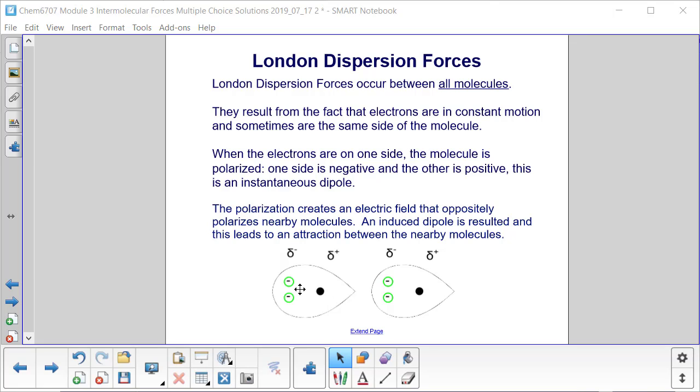This is an instantaneous dipole. Of course, as soon as the electron continues to move, it goes away. The polarization here creates an electric field that oppositely polarizes nearby molecules. So this positive here will draw the electrons from a neighboring molecule toward it. And an induced dipole results, leading to an attraction between these nearby molecules.